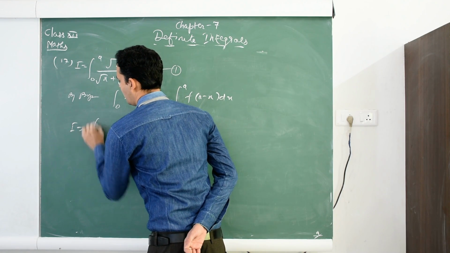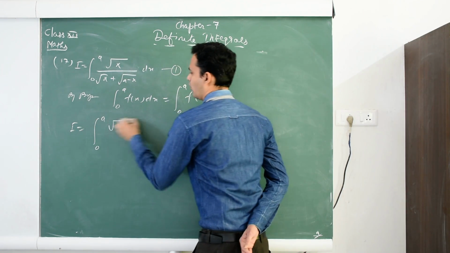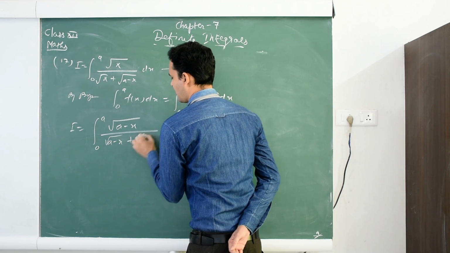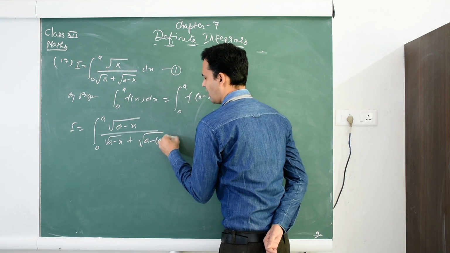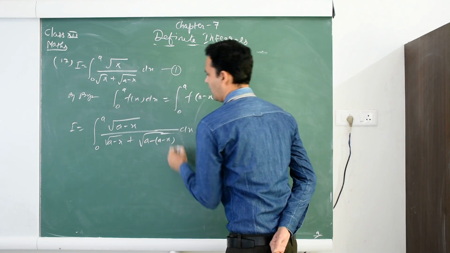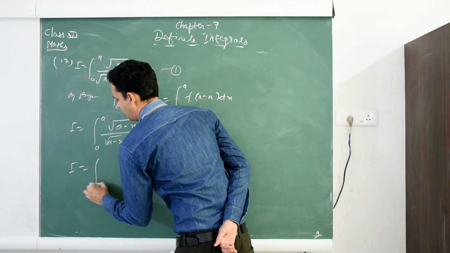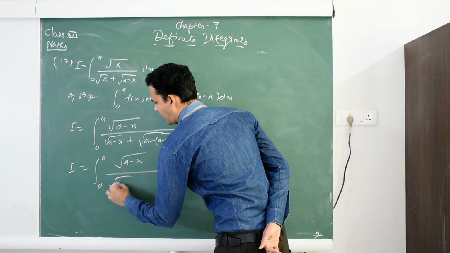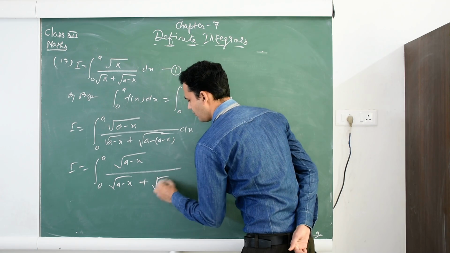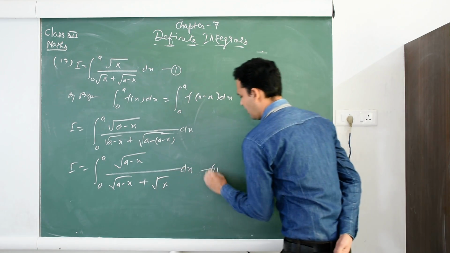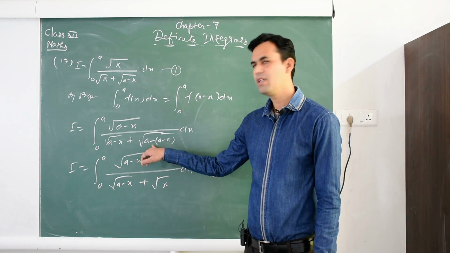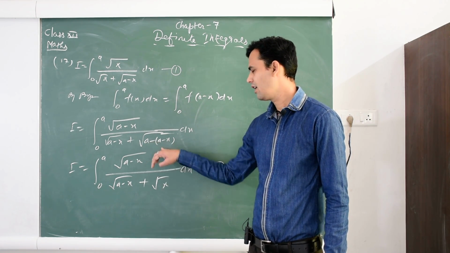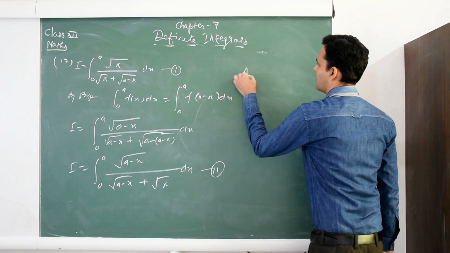So, I equals the integral from 0 to a of root a minus x upon root a minus x plus root a minus (a minus x) dx. So, the integral from 0 to a of root a minus x upon root a minus x plus root x dx. Okay. Why? Because if we remove this bracket, then we get a minus a plus x. So, a cancels. Add first and second.